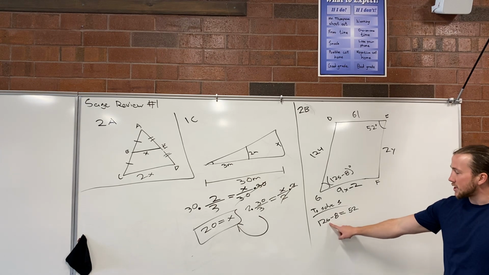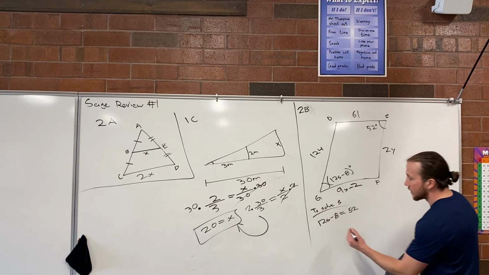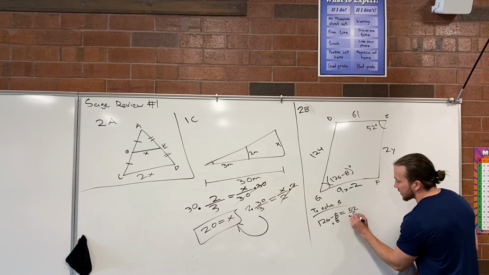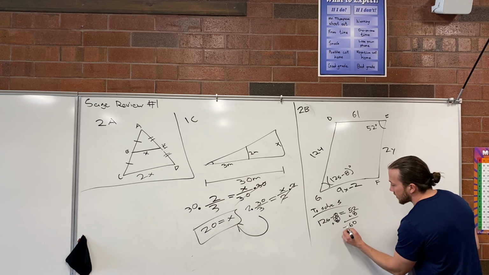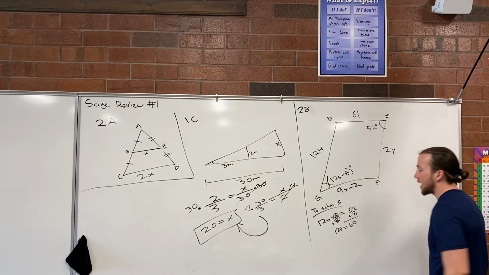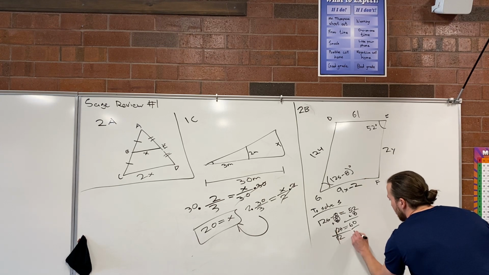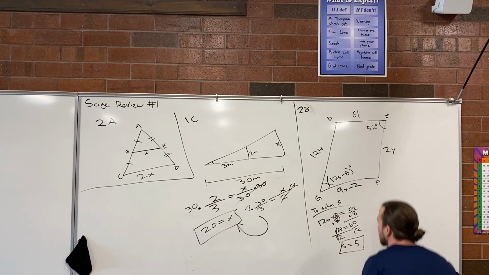I need to get s by itself, so the first thing I'm going to do is plus 8 on both sides to get rid of this right here, because I need to isolate this to begin. So plus 8, plus 8. This goes to 0. 52 plus 8 is 60, equals 12s. And if it's 12s, I divide both sides by 12. Divide by 12, and that's going to give me s equals 60 divided by 12 is 5.